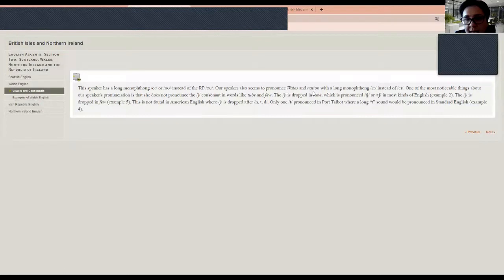Englishmen pronounce nation one way, while Welsh people pronounce it differently. So a different vowel is used instead. Among consonants, for example, in the words tube and few, the y sound is dropped. It is pronounced as toob and foo. Y is not pronounced.